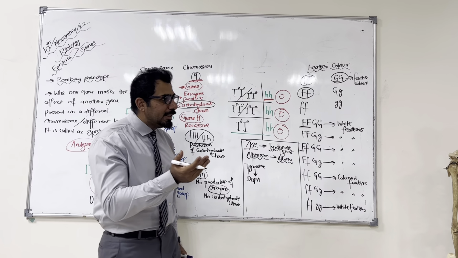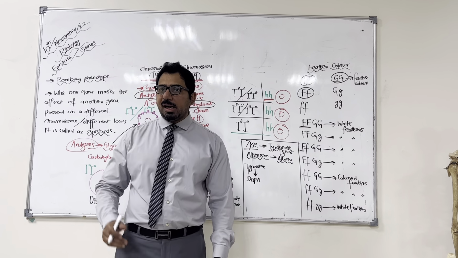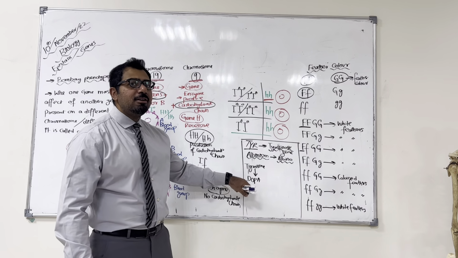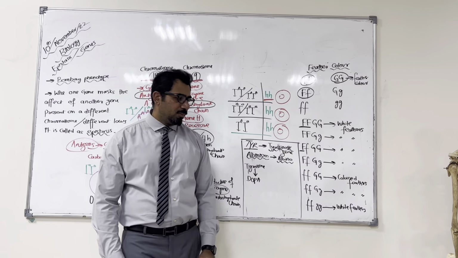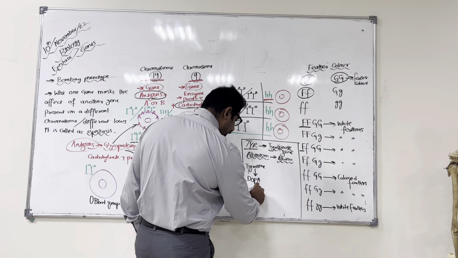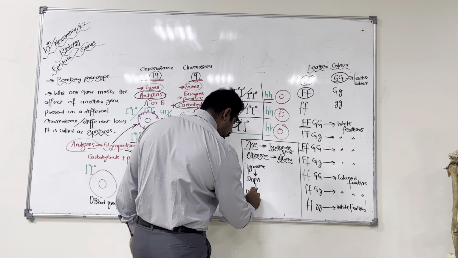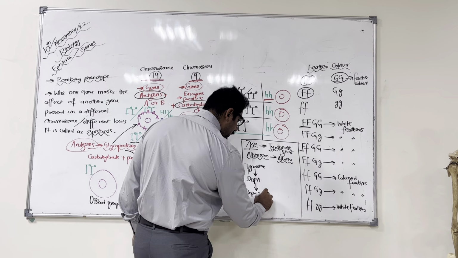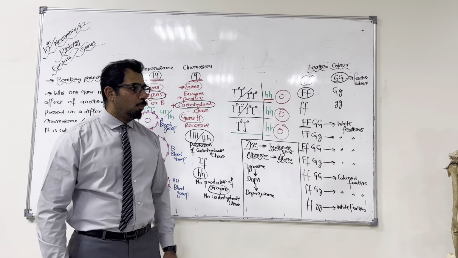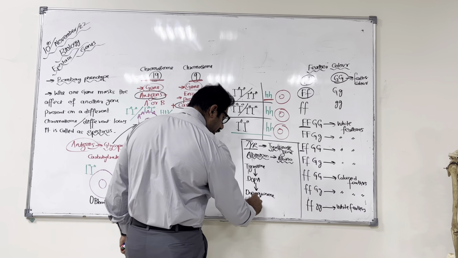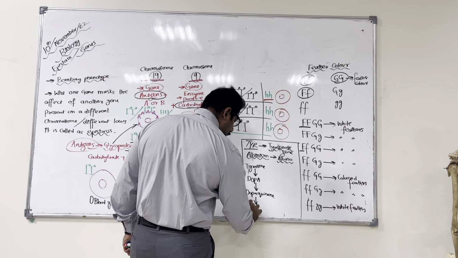Have you heard about alanine? It's an amino acid, right? So dihydroxyphenylalanine is a modified amino acid. Then this DOPA is converted into dopaquinone, another molecule, and then dopaquinone is converted into melanin.